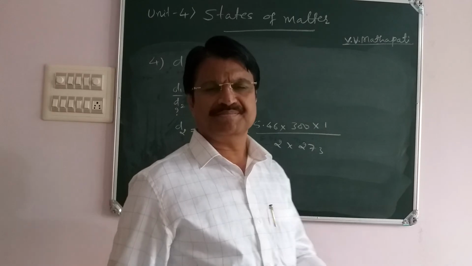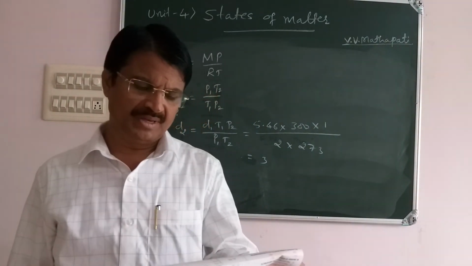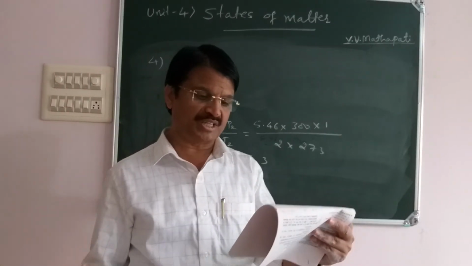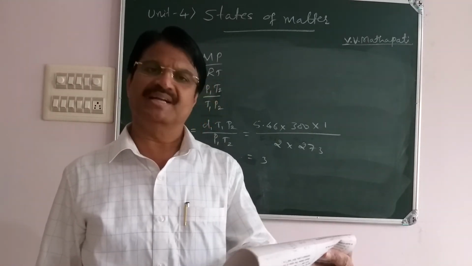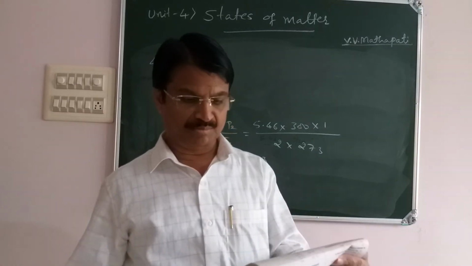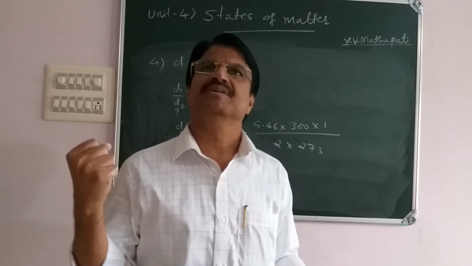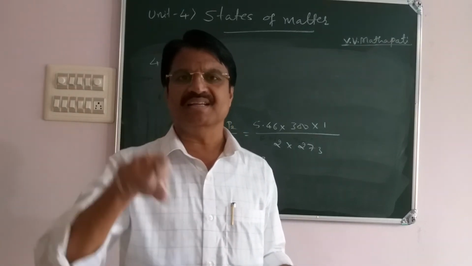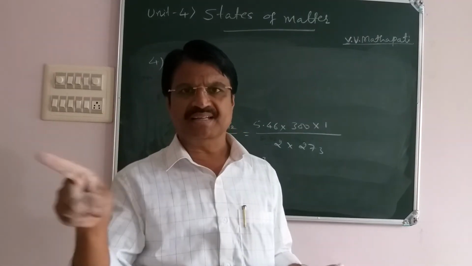Then there is one question based on theory, which I got in the synopsis note. To which of the following is Dalton's law of partial pressure not applicable? Now I will read the options. But first think about Dalton's law. What is the limitation? It is not applicable for reacting gases. It is applicable only for non-reacting gases.